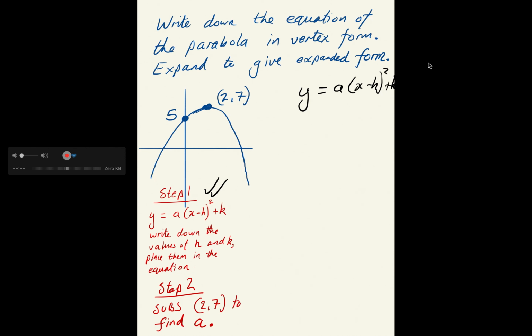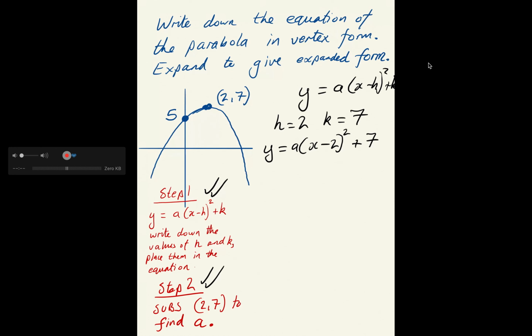Okay then, so the h value is equal to 2 and the k value is equal to 7. So my model is y equals a(x minus the h value) squared plus the k value. Fantastic, step 1 done. Step 2, substitute 2, 7. Well, that doesn't make sense to substitute 2, 7, does it?